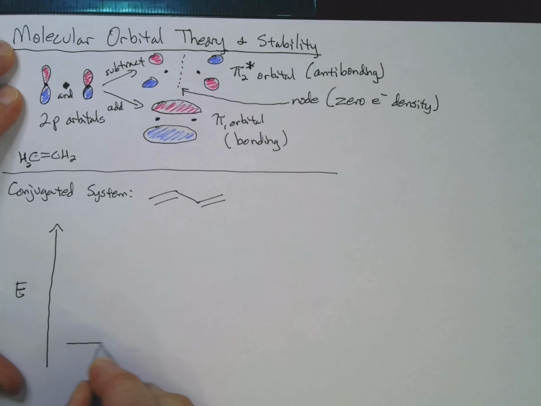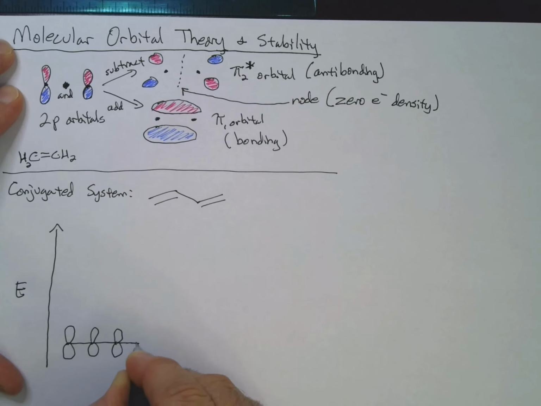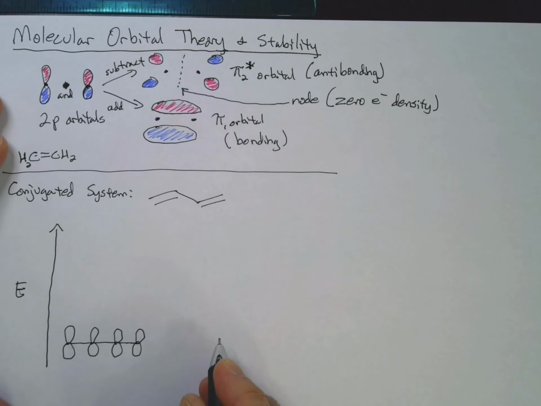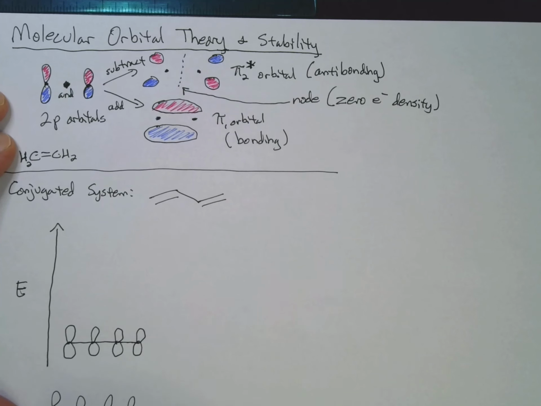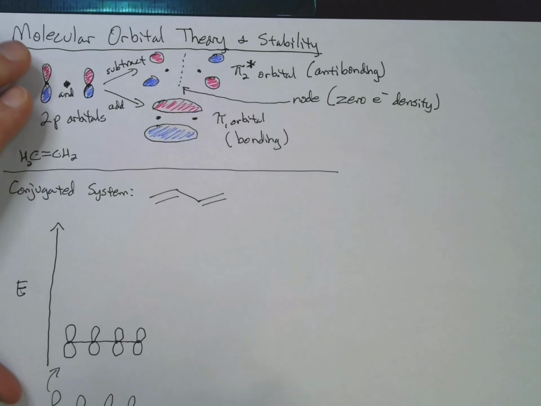And then what I'm going to do is I'm just going to draw a straight line, and I'm going to put in my orbitals here. Okay, so each of these is a p orbital. So what I have is, I've got C, C, C, C, and then these are my p orbitals, right? Okay. So that's that stuff there.